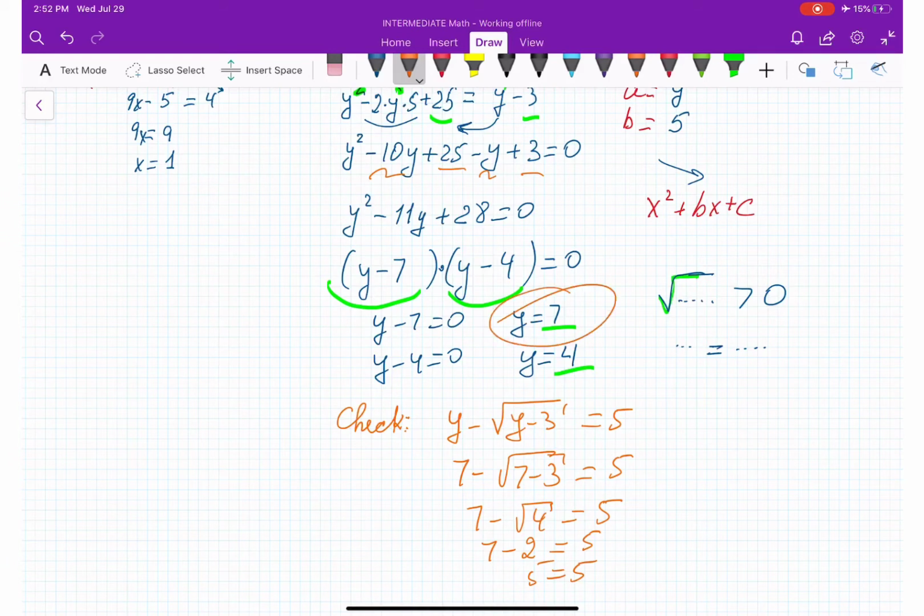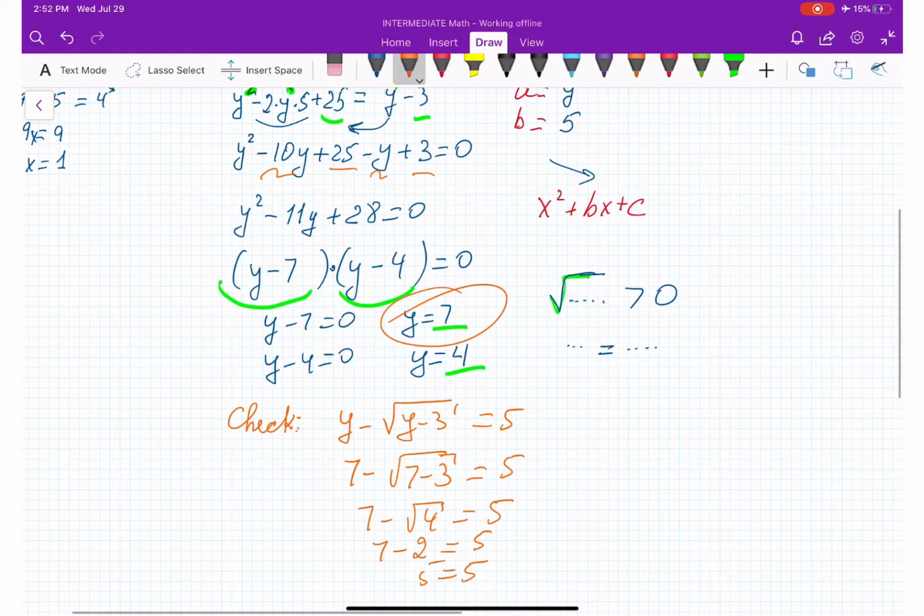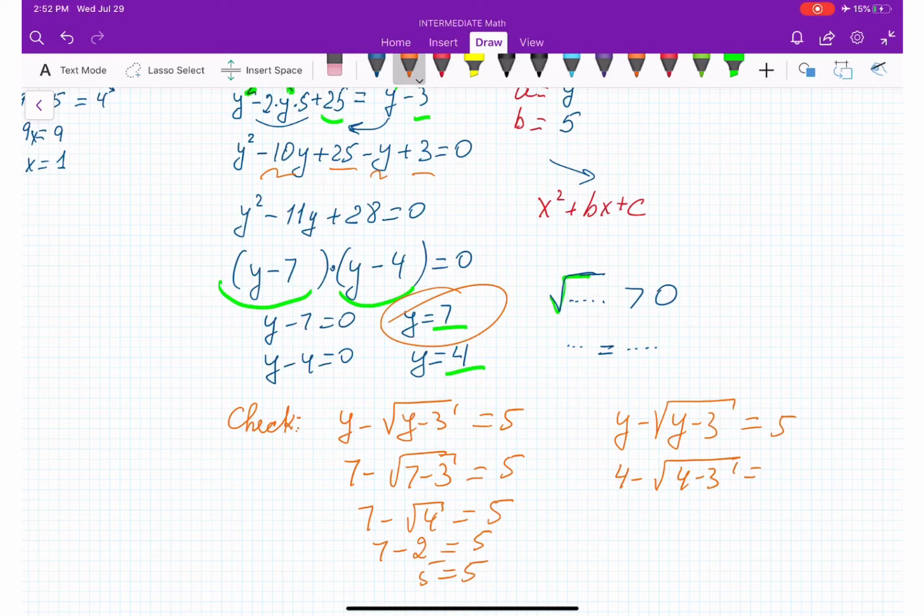Now let's move to check 4. So y minus square root y minus 3 is equal 5. So y is 4, minus square root of 4 minus 3 is equal 5. So 4 minus 3 is 1, square root of 1 is 1, so 3 equals 5.